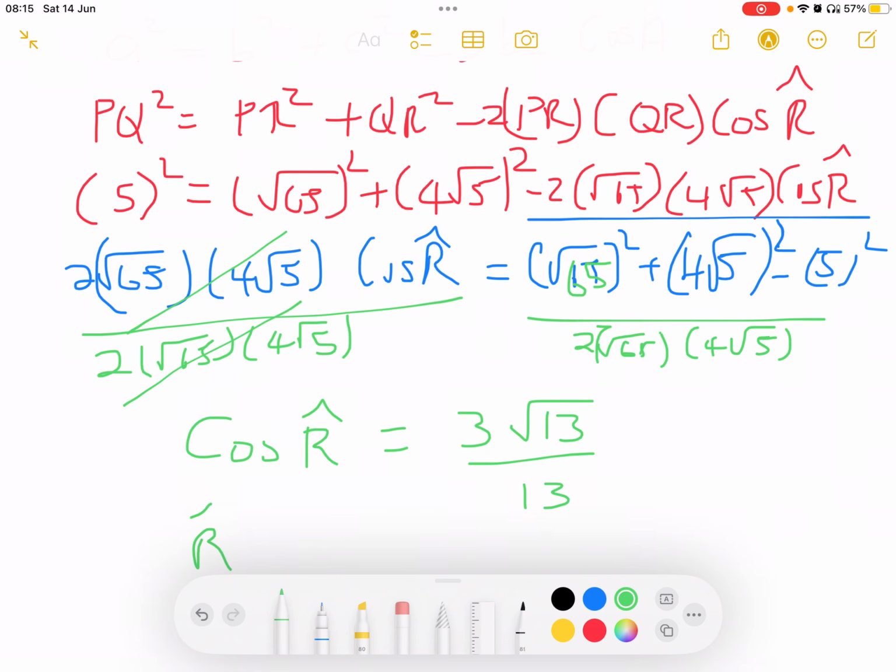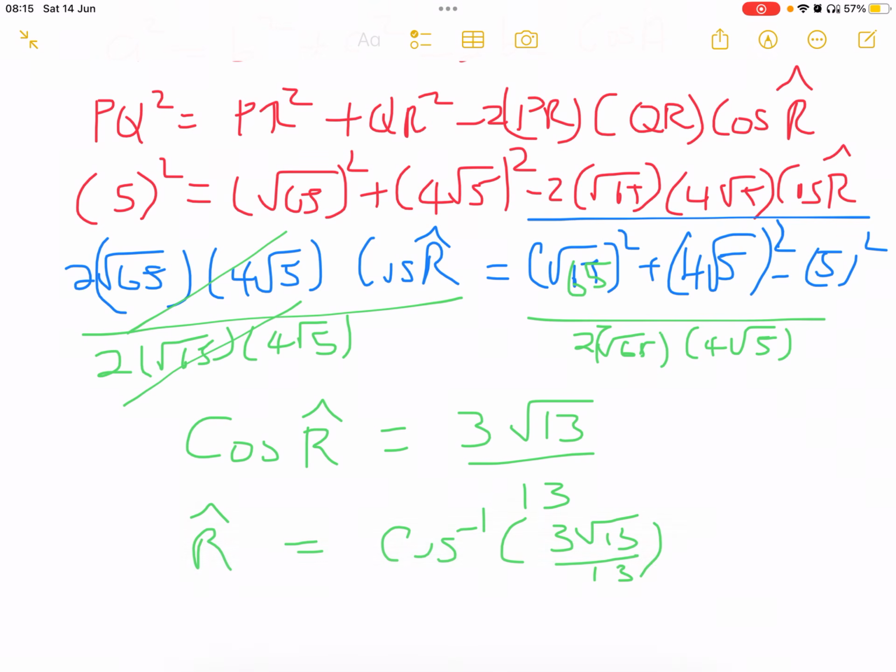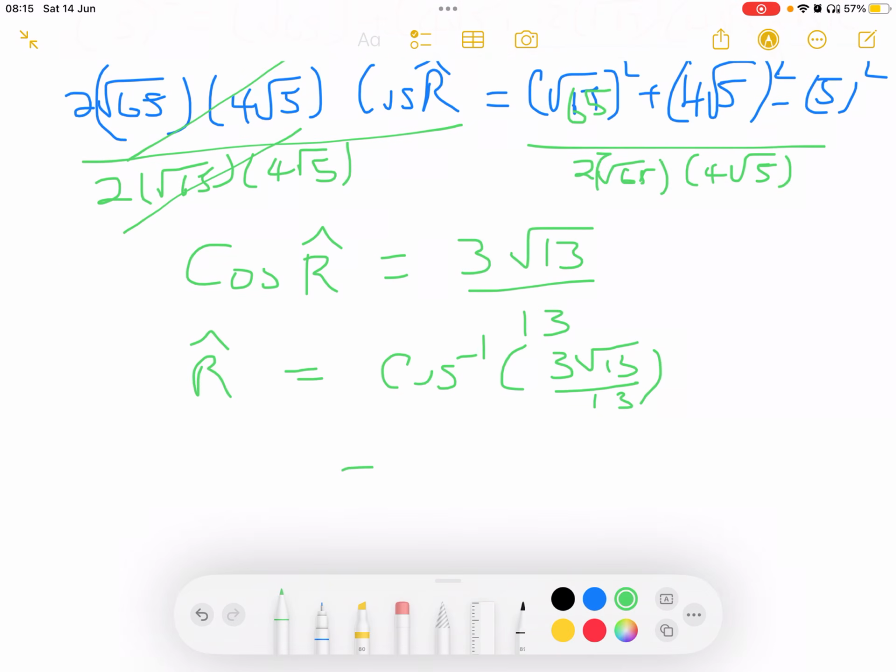And then to get angle R, you're going to say arc cos of 3 root 13 over 13. Then guess what angle do you get? You're going to get the angle that is 33.69 degrees.